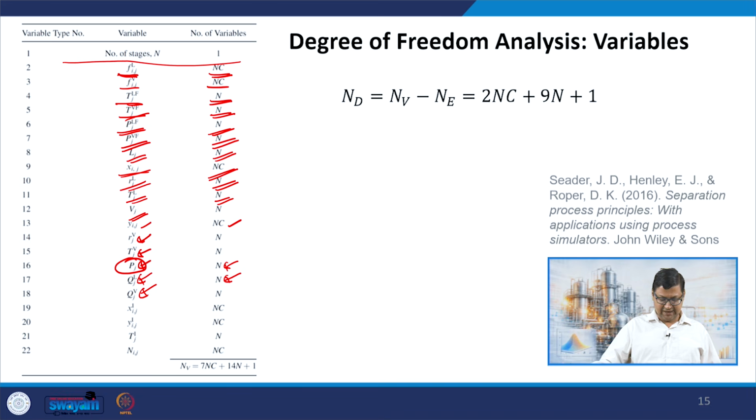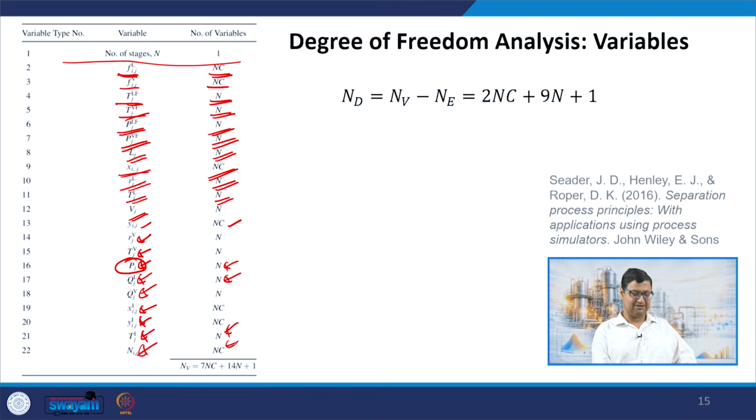And we can write the interface mole fraction of the liquid, which is defined separately, and the interface mole fractions of the vapor defined separately. And then finally, we have the temperatures at the interface, which is also defined separately, and the mass transfer rate, that is defined separately.